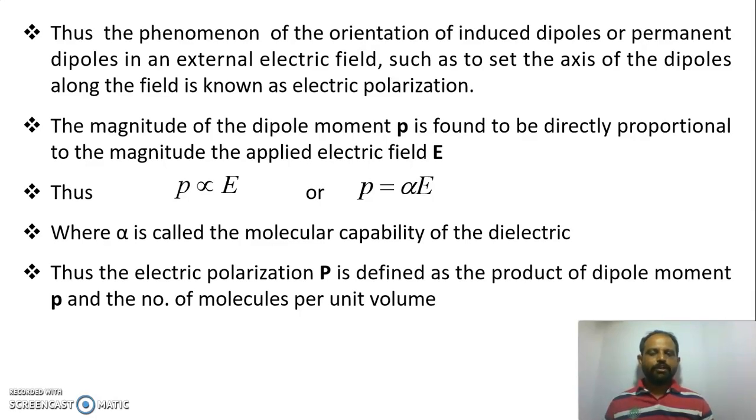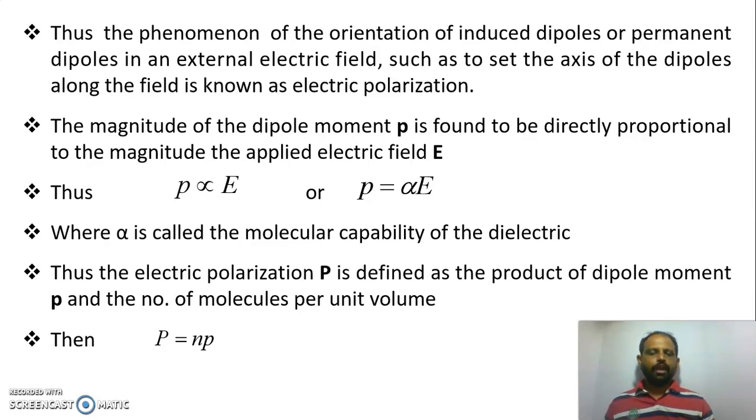Electric polarization is usually represented by the capital letter P, and is defined as the product of the dipole moment and the number of molecules per unit volume. So small p into the number of molecules, n, so P is equal to np. Here capital P is the electric polarization, small p is the electric dipole moment, and n is the number of molecules in unit volume.